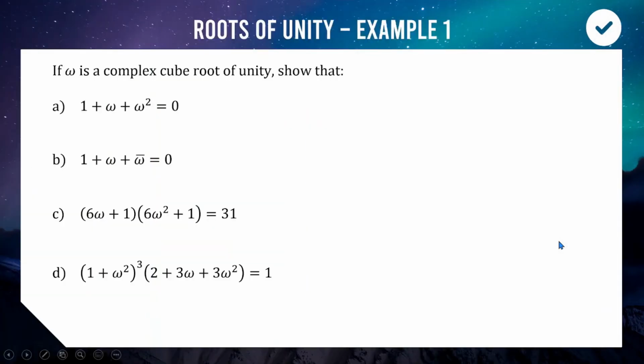Okay, for the next part, we're showing that 1 plus omega plus omega conjugate is equal to 0. What we have here are essentially our 3 cube roots of unity. We have 1, which we know is an answer. We have omega, and we know that if omega is a root, then so is omega conjugate. Since omega is a cube root, it's a solution of z cubed equal to 1.